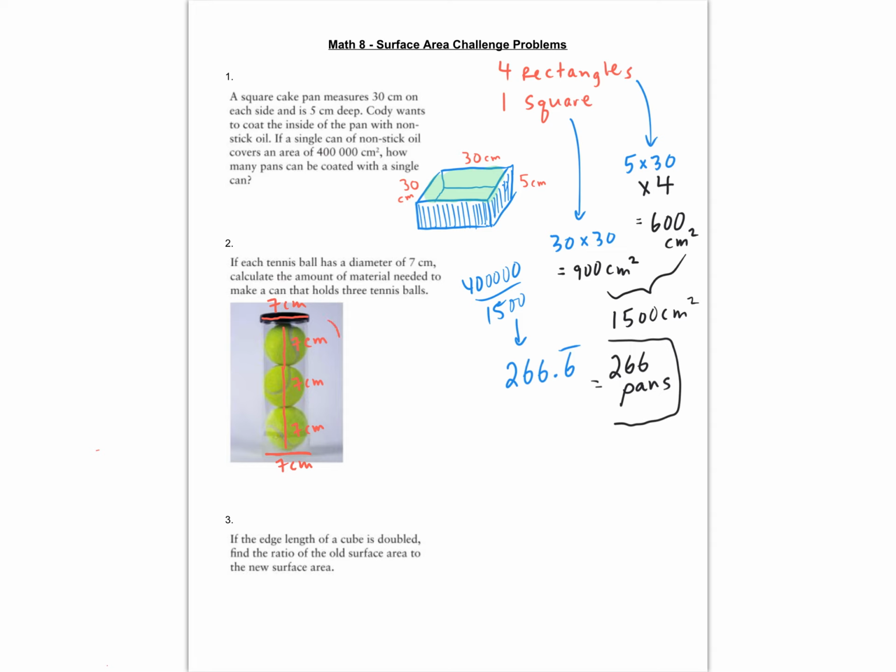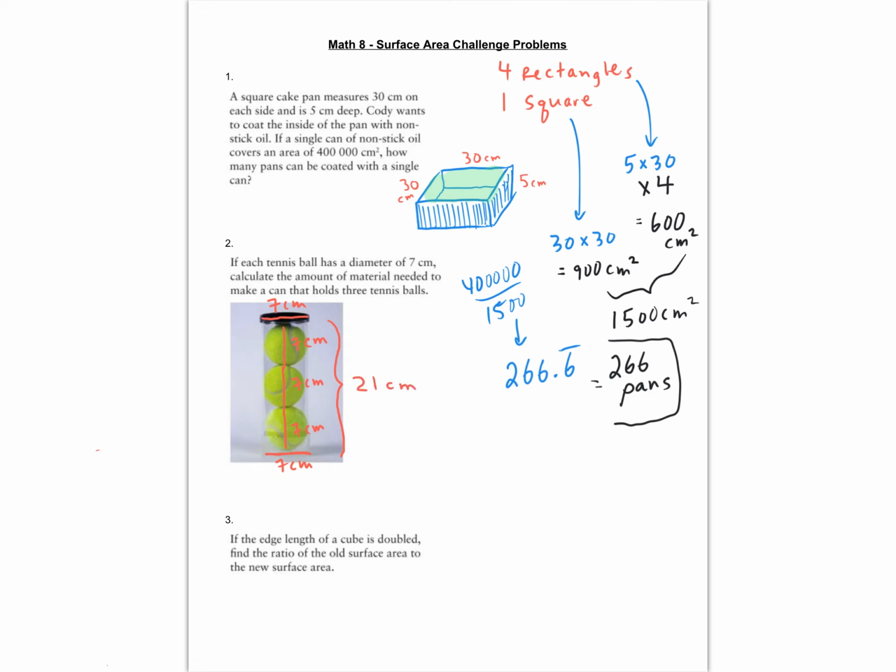And the height of this can to fit 3 of these tennis balls, because each ball has a 7 centimeter diameter, means one of them is 7 centimeters tall, 2 of them is 14, and 3 of them is 21 centimeters, okay? So essentially what we've got here is a cylinder.